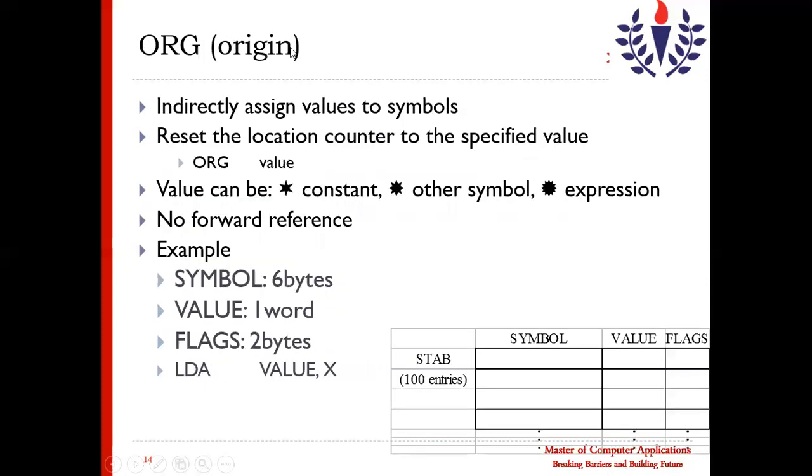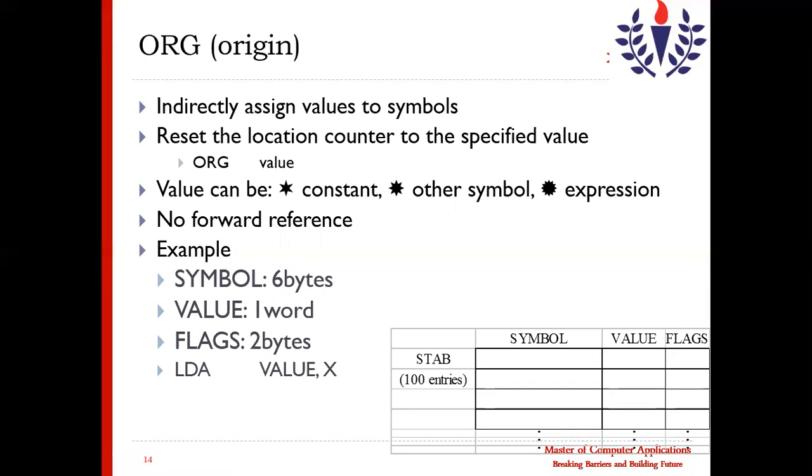But now one more assembler directive is here, used to assign values to a symbol, but indirectly. I am not defining that this value is given to this particular symbol. That is ORG, where I define one value, but it is an indirect value.